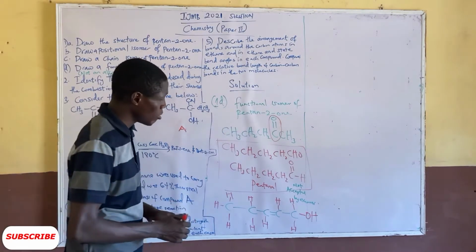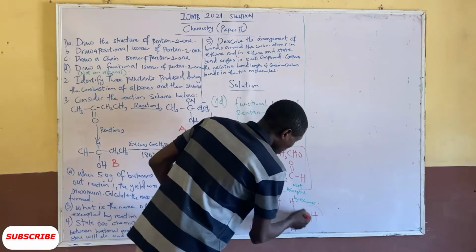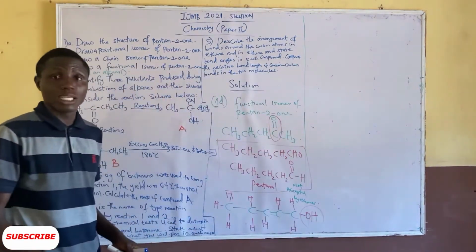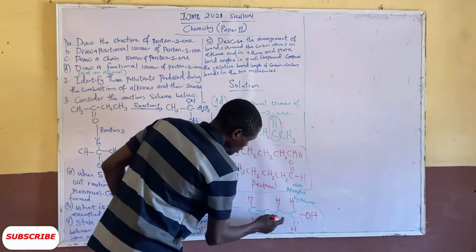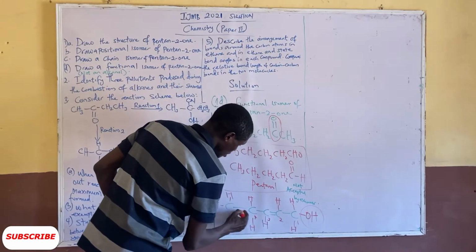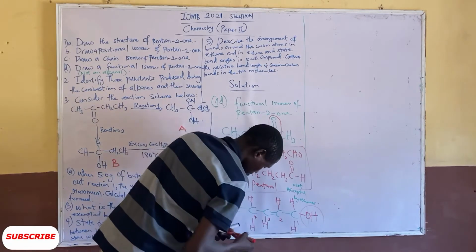And how do you name this compound now? Given the priority, the alkyl group will be given priority. This one will be 1, 2, 3, 4, then 5. This is pentan.